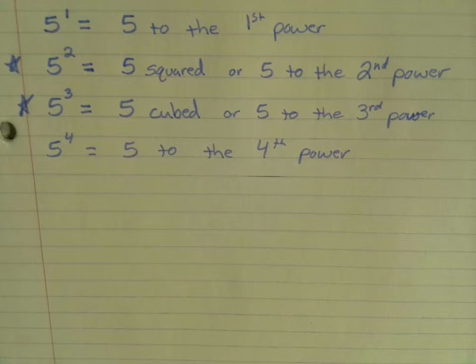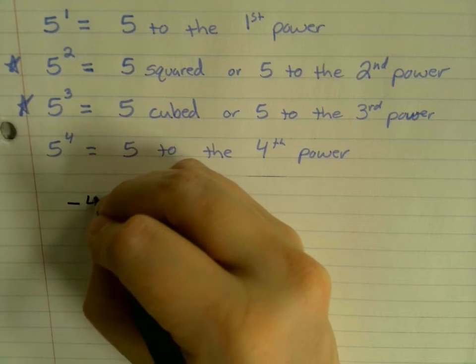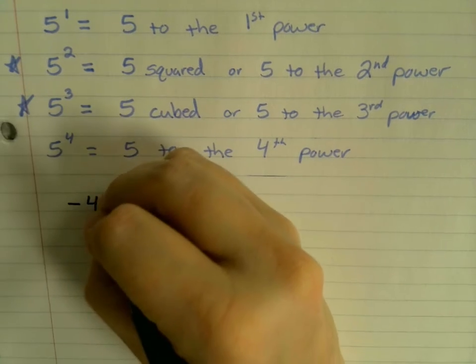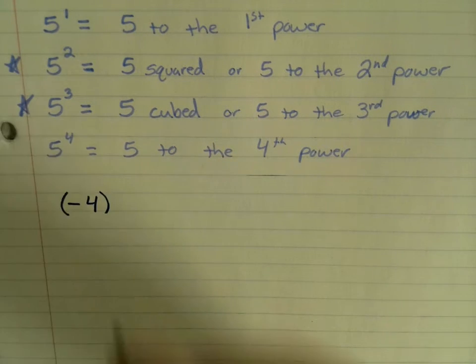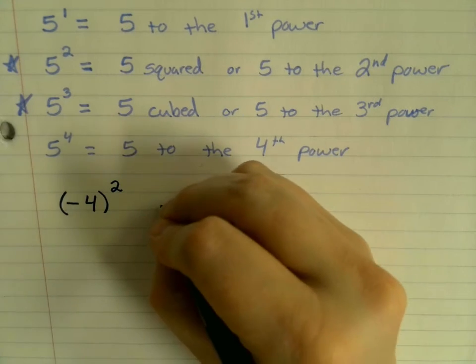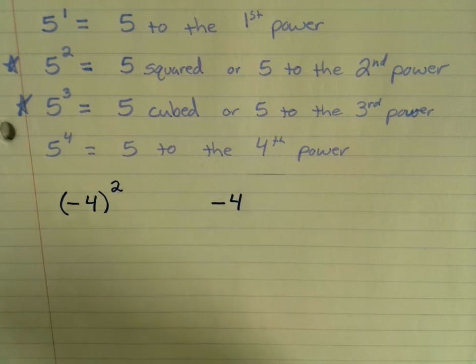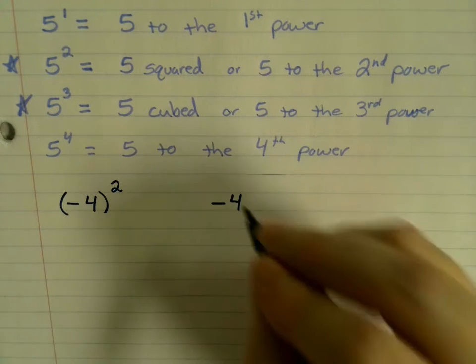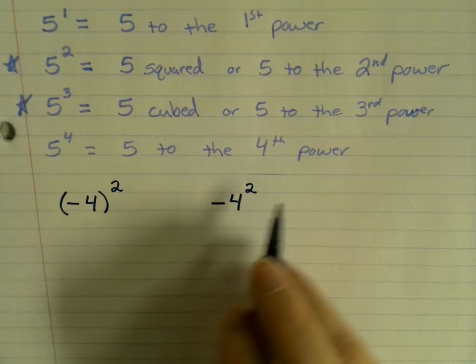So first of all, if I say -4 in parentheses to the second power, squared, versus -4 but not in parentheses to the second power, are those the same thing?